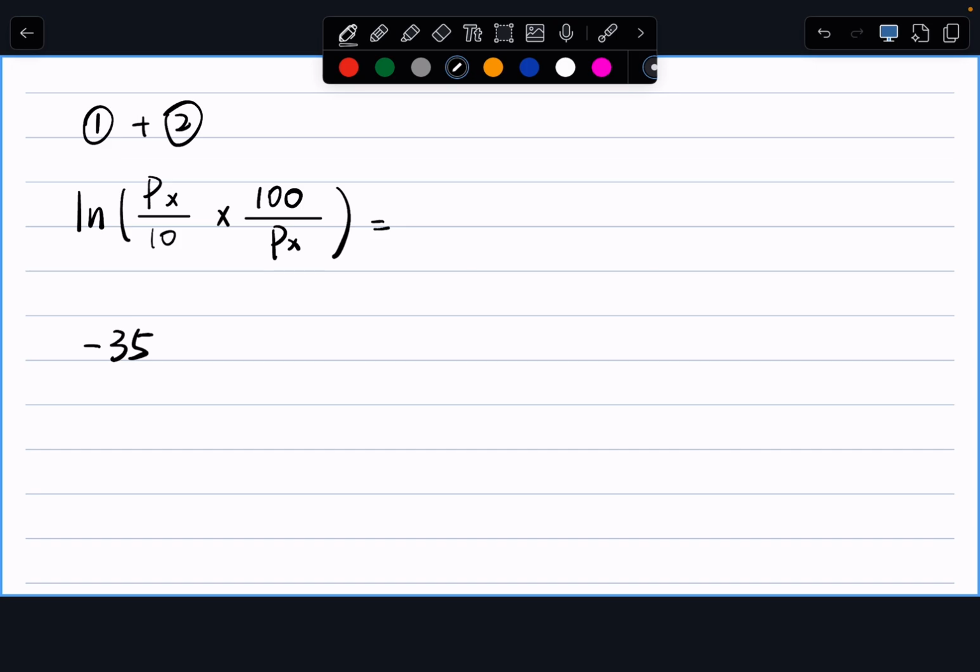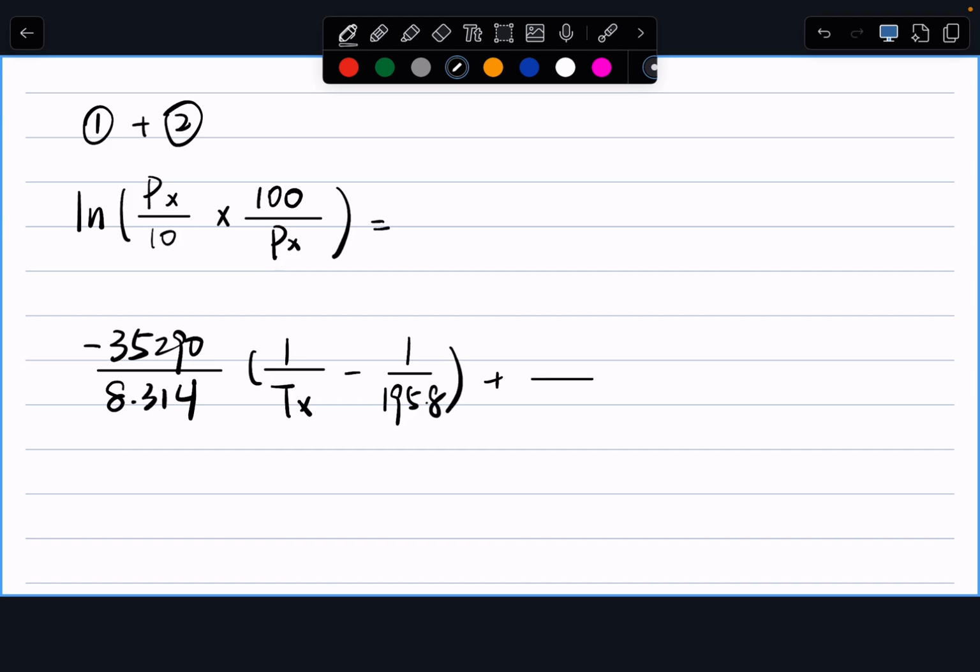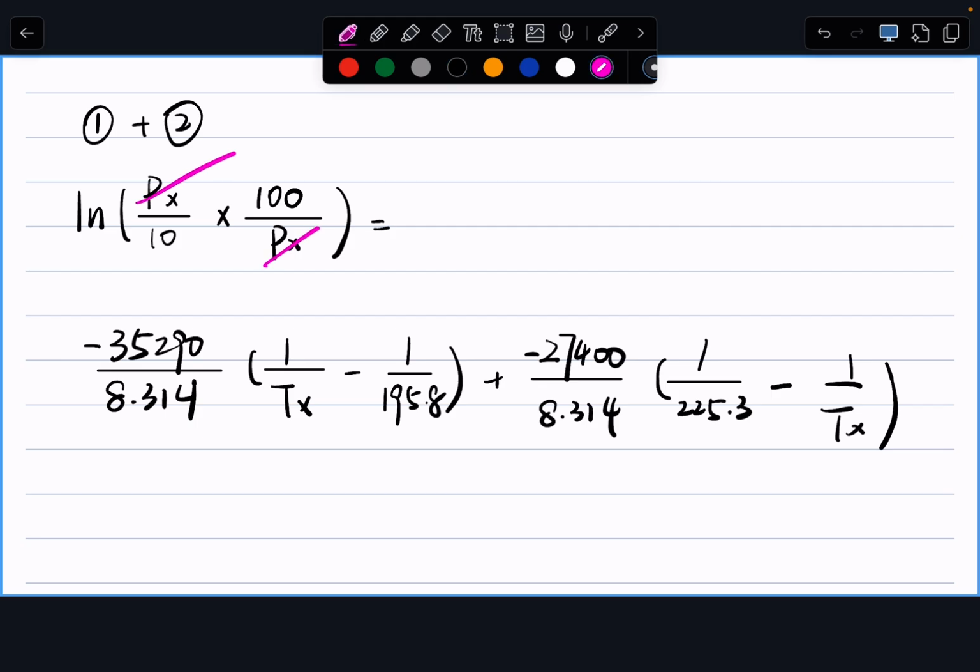That's a negative 35290 divided by 8.314 times 1 over Tx minus 1 over 195.8, plus this term here, 27400 over 8.314 times 1 over 225.3 minus 1 over Tx. Right, so the Px and Px will cancel out, and then you can use this equation to solve for Tx. I'll give you the number here. So here the Tx is 200 Kelvin.